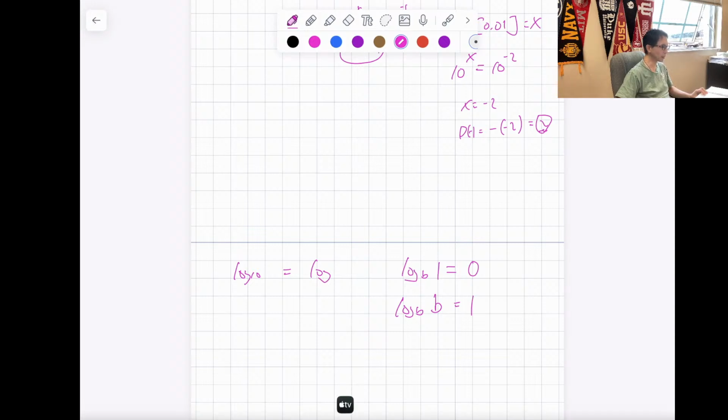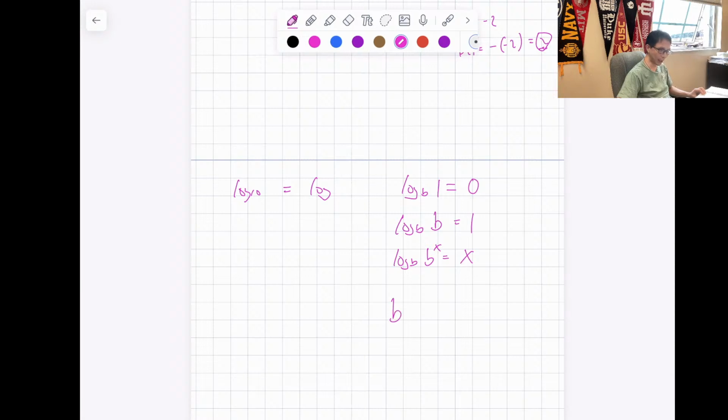You're going to be like, what does that mean? Well, b to the 1 power is b. Log base b of b to the x is equal to x. These two are inverses of each other. One is log, one is exponential. They cancel out. You're just going to get x. You can also have b to the log base b of x is equal to x. So this is a property. You might need it today.